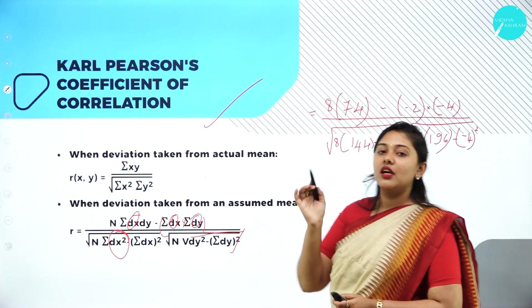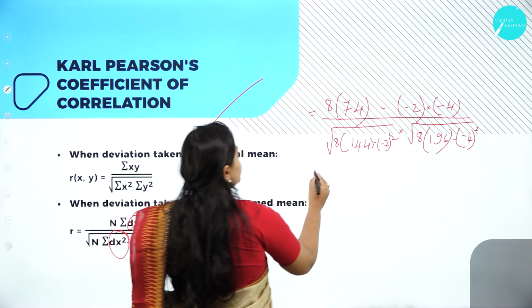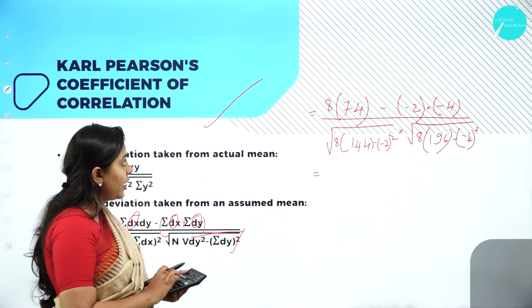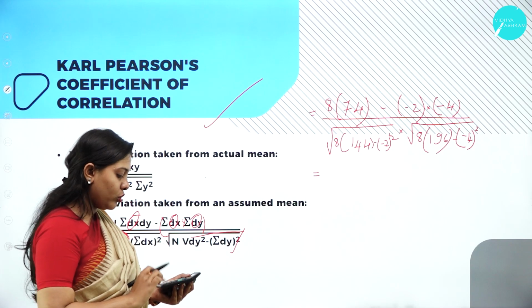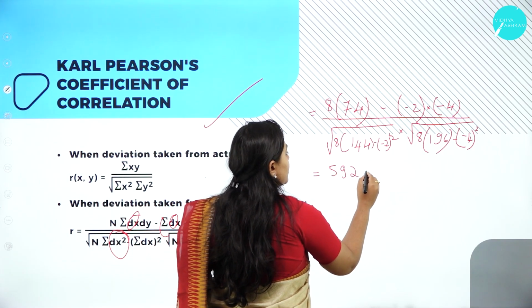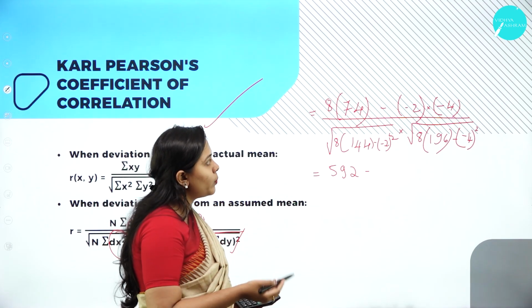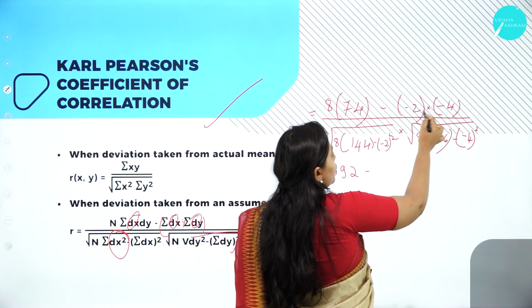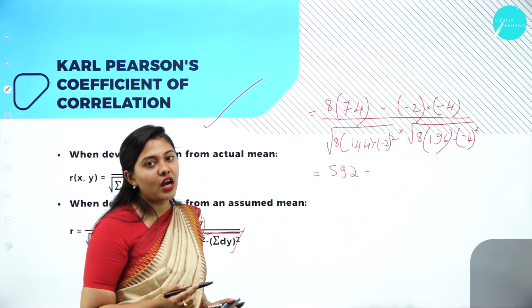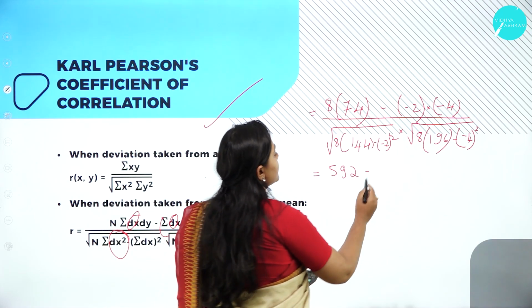Now let us substitute the values and check out the answers. 8 into 74 is 592. Minus 4 2s are 8, minus into minus, plus 8.